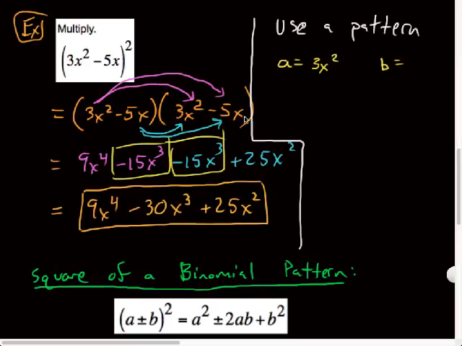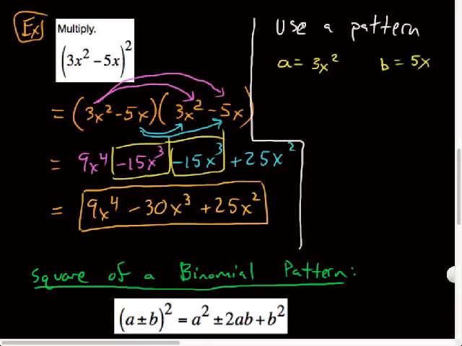I could call b negative 5x, but that would be if I was considering this as plus a negative 5x. This pattern already has one that exists if there's a minus sign there. So if this minus sign is part of my pattern, I'll actually call b the positive 5x, and I'm just going to use the negative pattern.